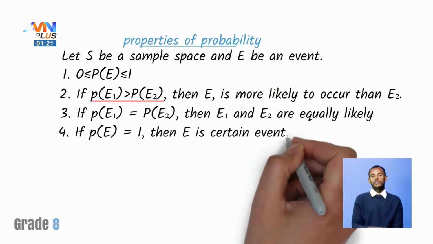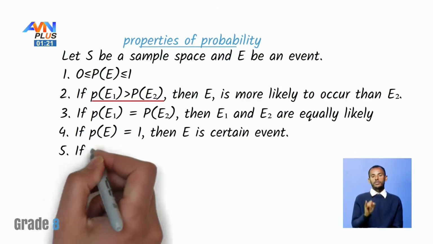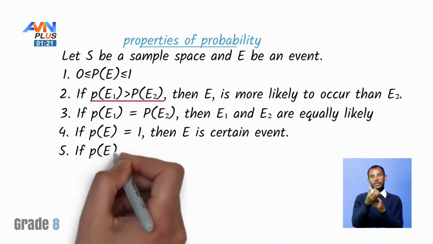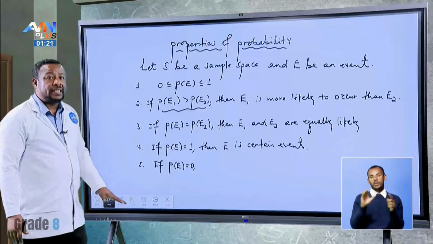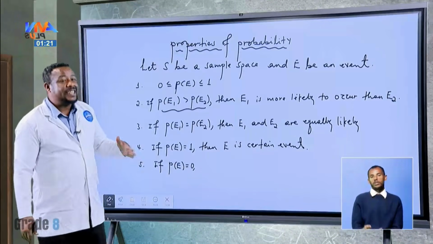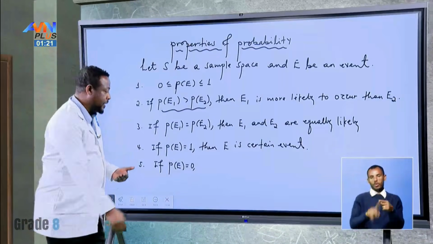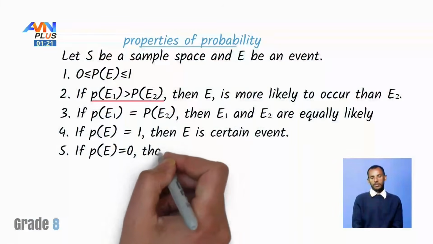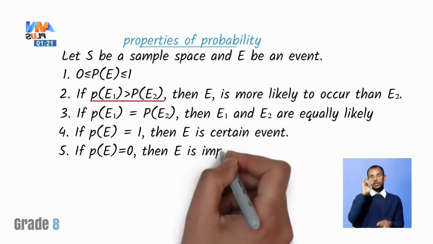The last one is if probability of an event is 0. If the probability of an event is 0, then we can say that E is an impossible event.